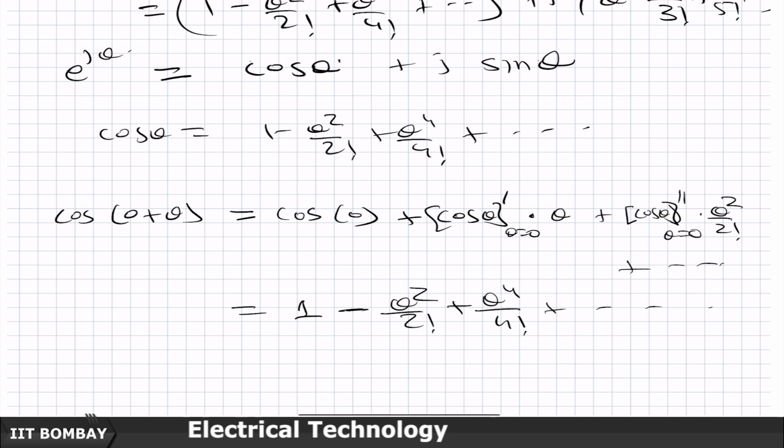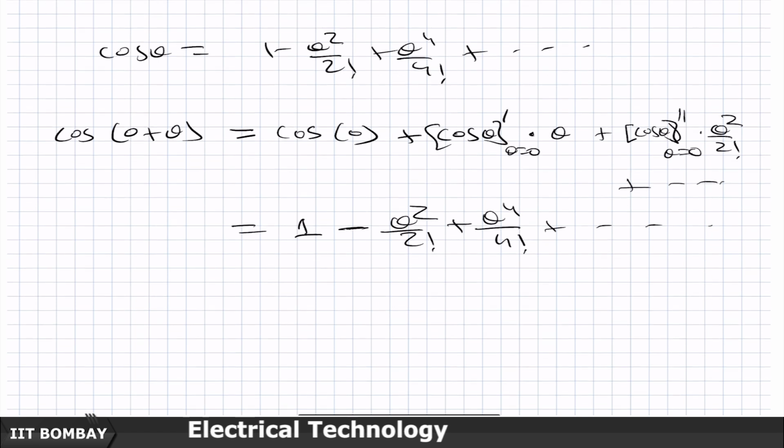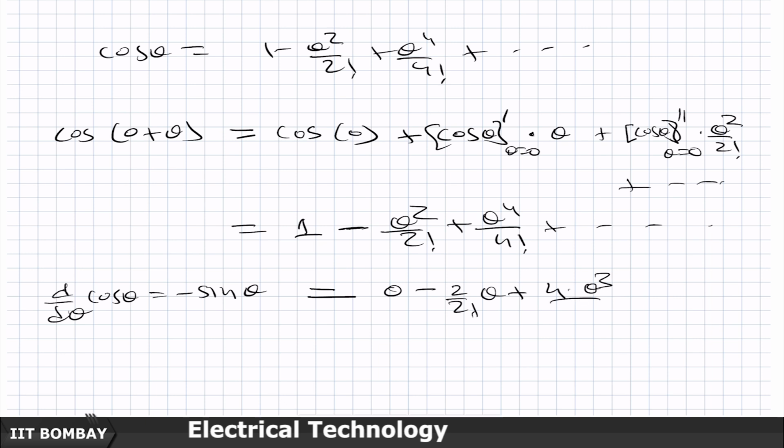and then you can see that the sign toggles and no odd numbered term will come. So, again this comes from the Taylor series expansion, and you know that the derivative of cos of theta is minus sin of theta. So, take the derivative on the right hand side: 0 minus 2 theta by 2 factorial plus 4 theta cube divided by 4 factorial and so on.